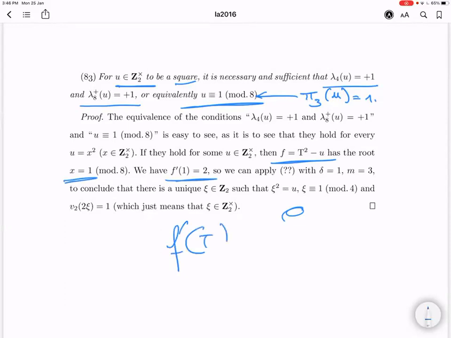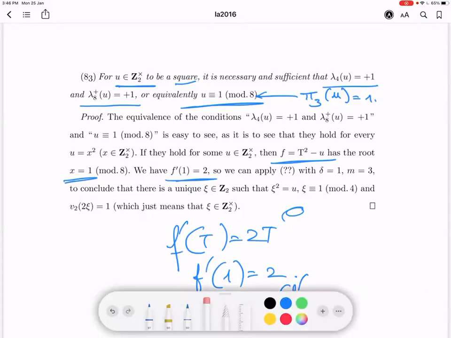What is f prime here? f prime is 2t, so f prime of 1 is 2. And so the valuation Vp of f prime, it should not be p here, it should be 2.